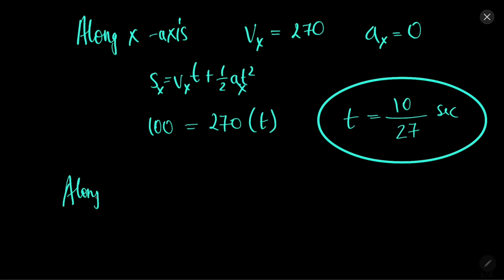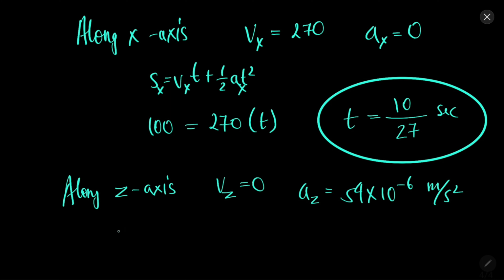Along z direction, Vz is 0, Az is 54 into 10 to the power minus 6 meter per second square.